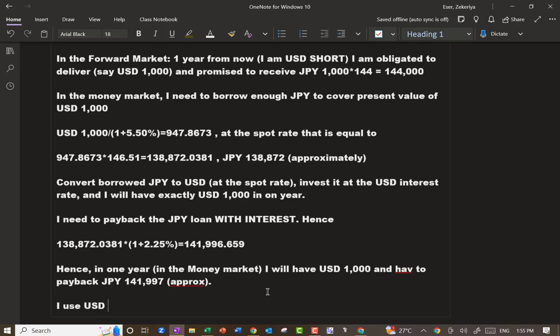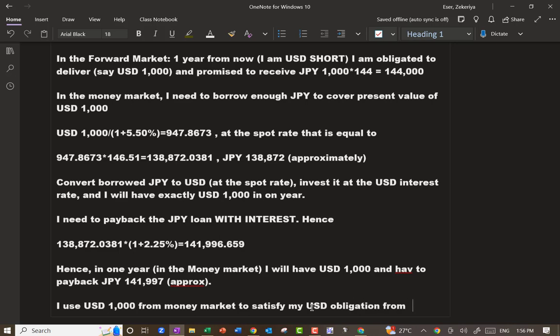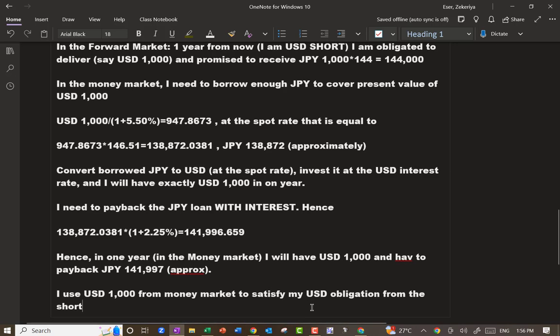I use 1,000 from the money market to satisfy my USD obligation from the short forward position, and receive 144,000 yen from the forward contract.